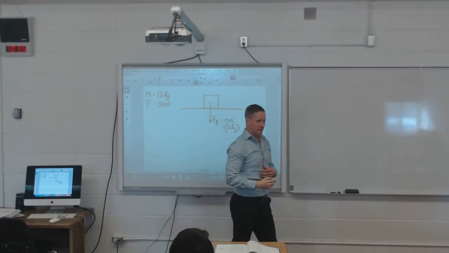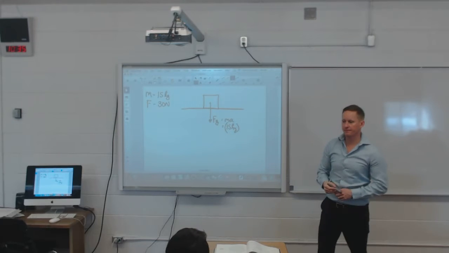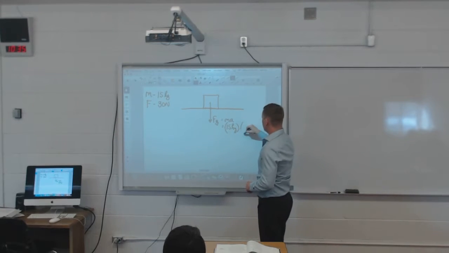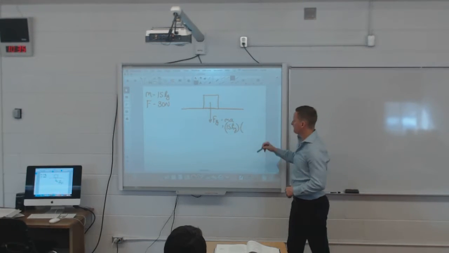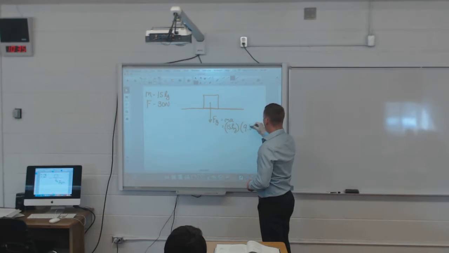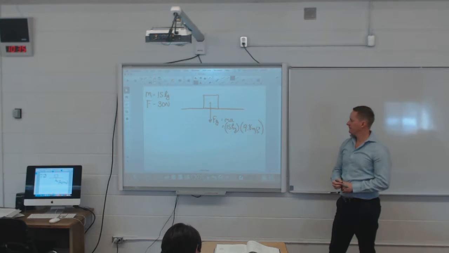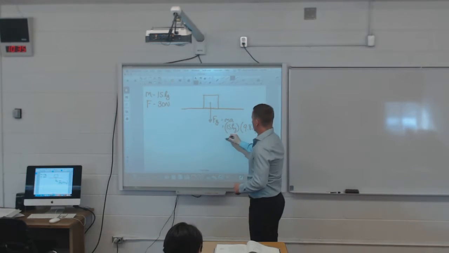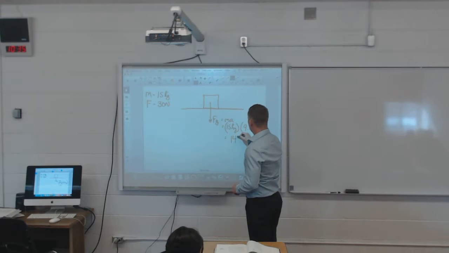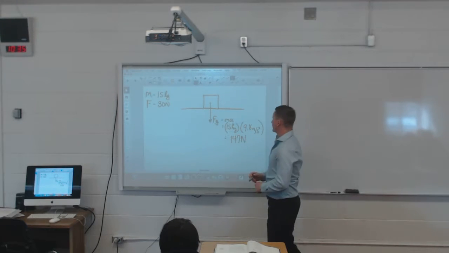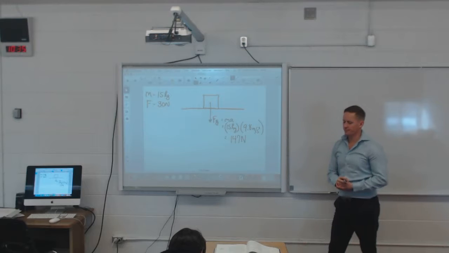What is the acceleration of gravity? 9.8 meters per second squared. Force of gravity is 147 newtons.